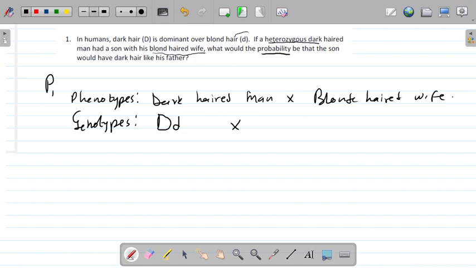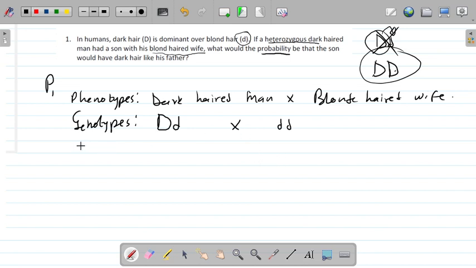Since blonde hair is recessive, she cannot be heterozygous or homozygous dominant, because dark hair is dominant over it. That would make her dark haired, but she is blonde. So she must be homozygous recessive for blonde hair.